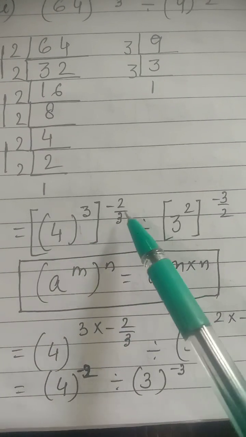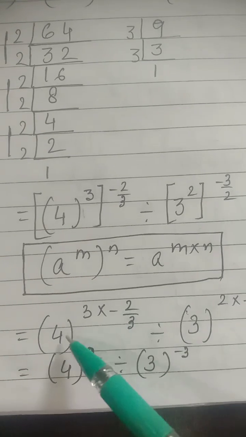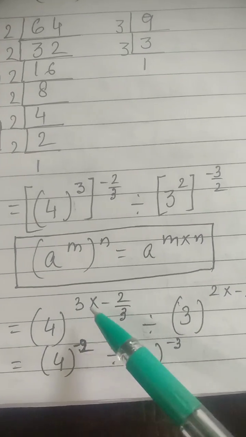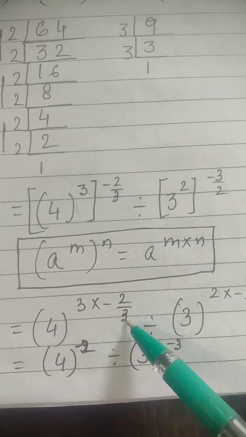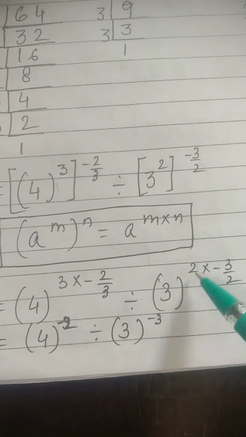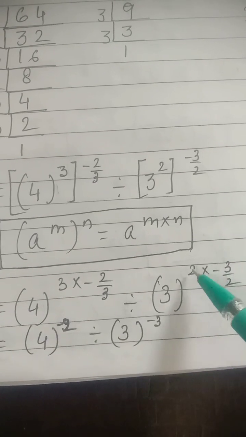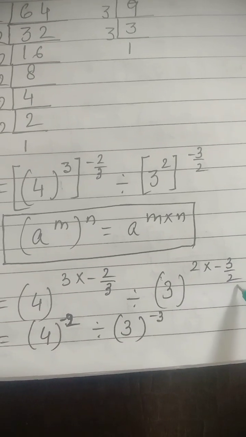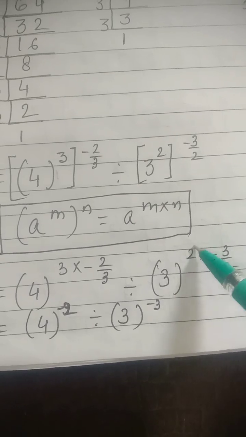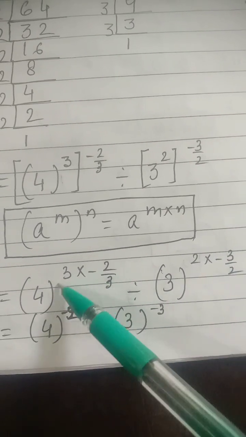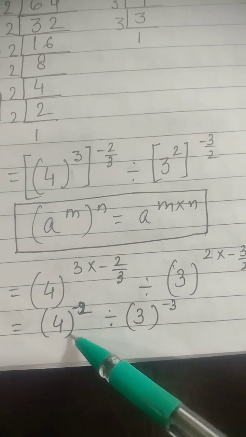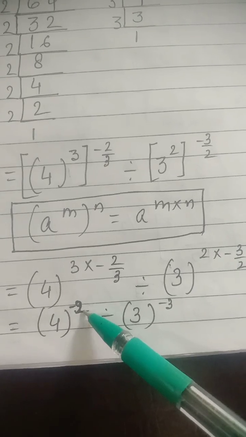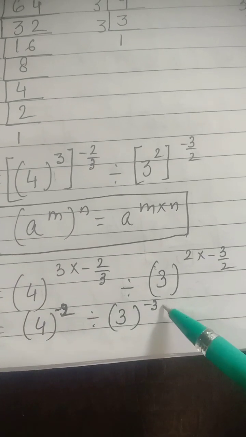We'll just multiply the powers. So 4 to the power 3 into -2/3 divided by 3 to the power 2 into -3/2. Now this 2 and 2 will be cancelled, and this 3 and 3 will be cancelled. So what we will get is 4 to the power -2 and 3 to the power -3.